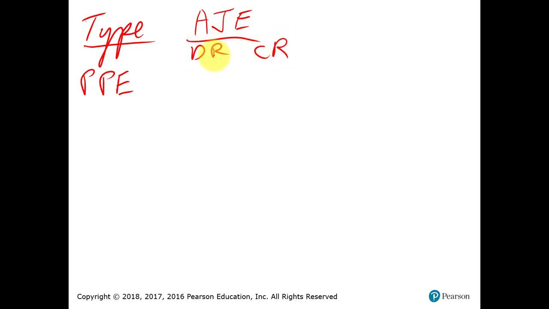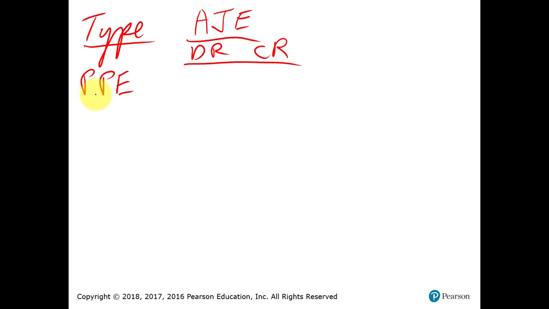So the first group applies to property, plant, and equipment. Or sometimes they call it fixed assets. And instead of the name, let's actually do journal entries. Or in fact, maybe adjusting journal entries that you do at the end of the period, like you learned in your financial accounting class with debits and credits.